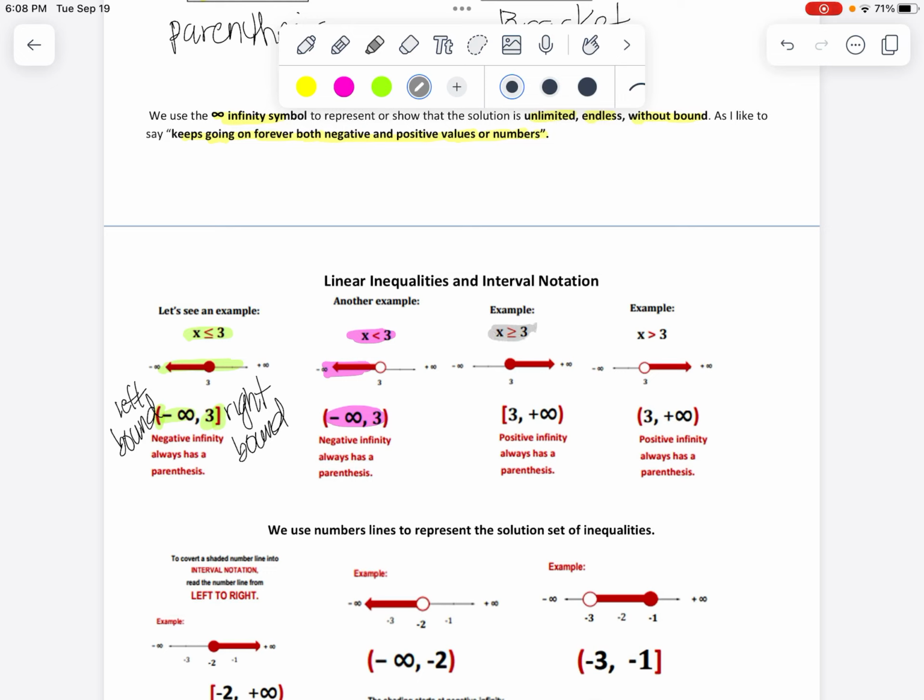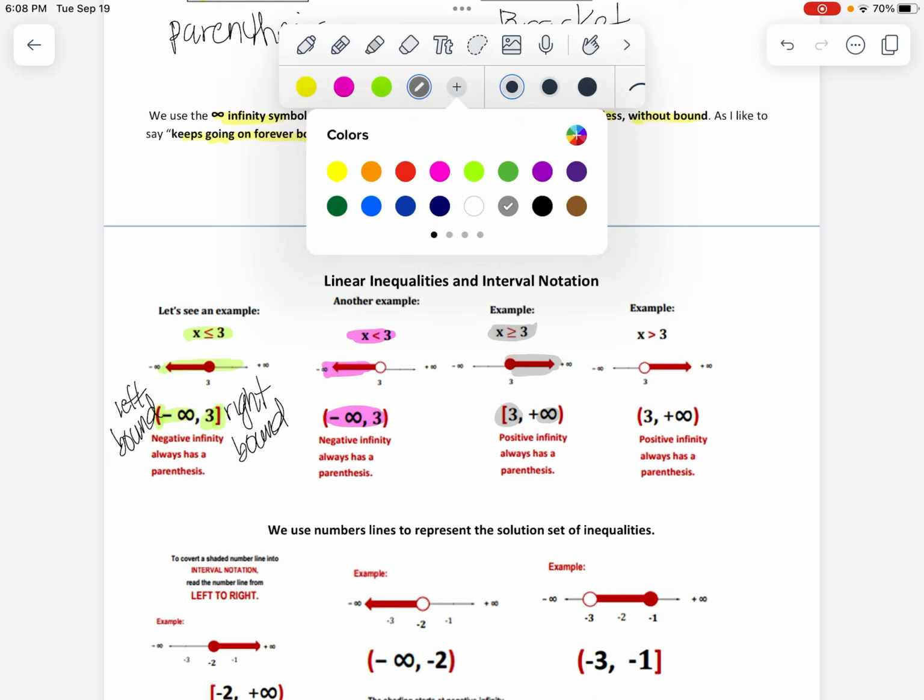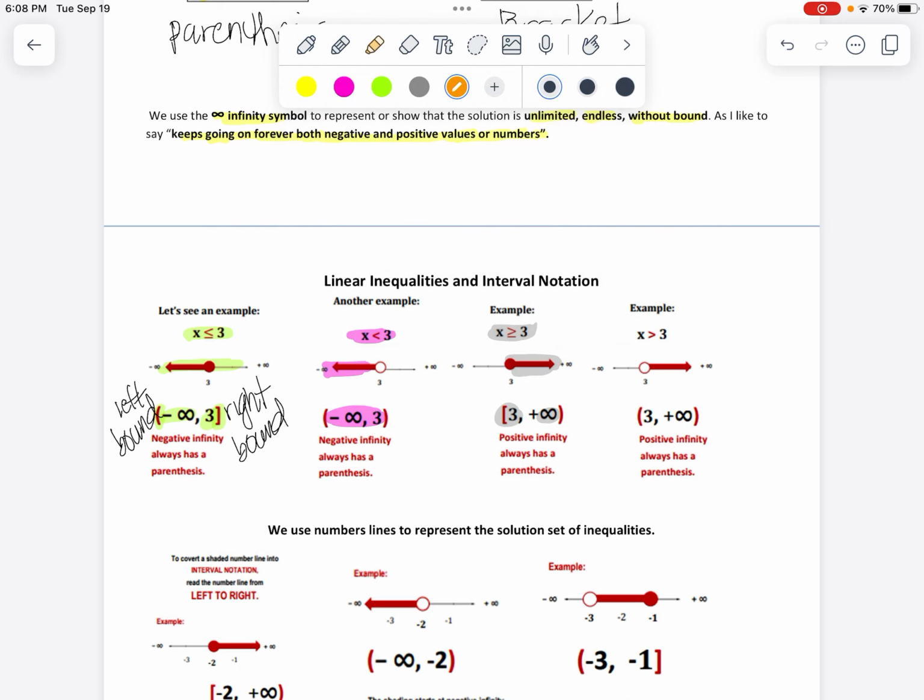Move on to the next example. x has to be greater than or equal to 3, and that's why our number line shows this from 3 to positive infinity. That 3 is closed, that's why we use the bracket, and then to show positive infinity we use parentheses. Let's move on to the very last example. x is greater than 3. That's the inequality.